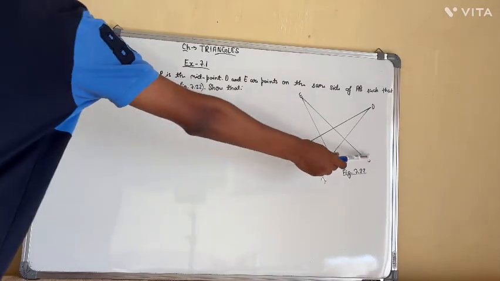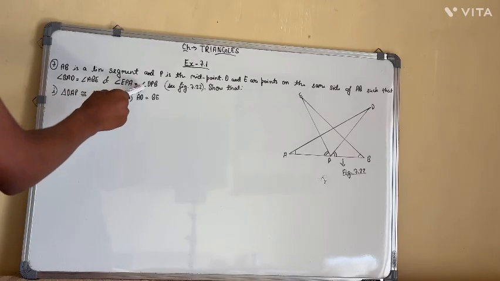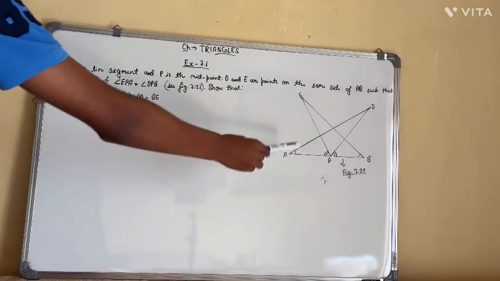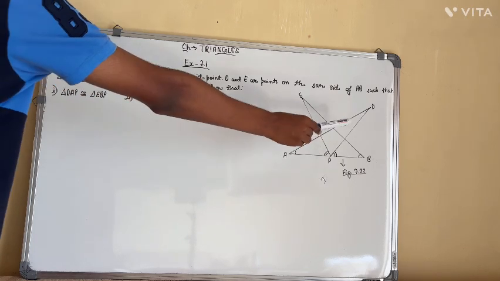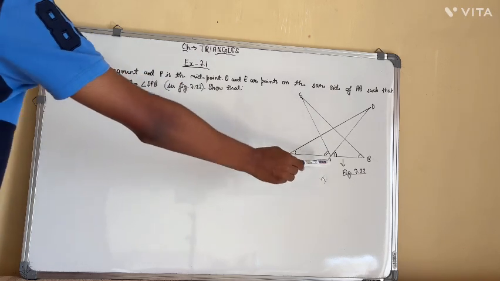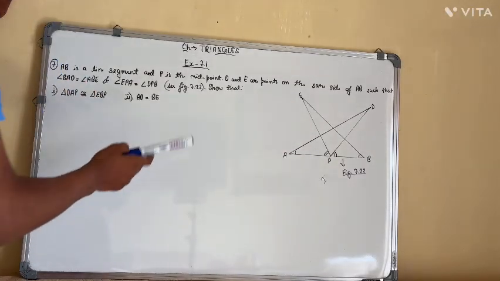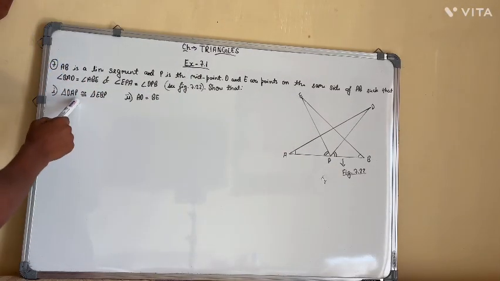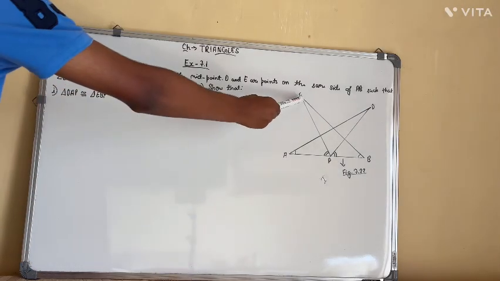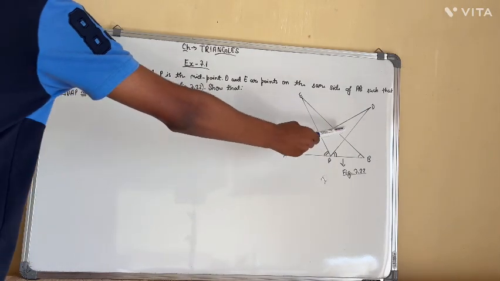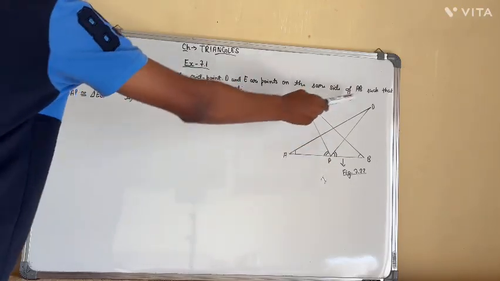So these two angles are equal, and angle EPA is equal to angle DPB, means this angle DPB is equal to angle EPA. These two angles are also equal. So this is the figure. We have to show that triangle DAP is congruent to triangle EBP, means this triangle is congruent to this triangle.